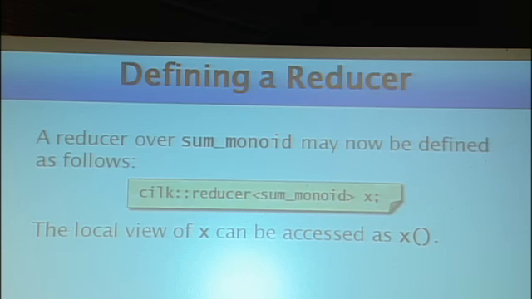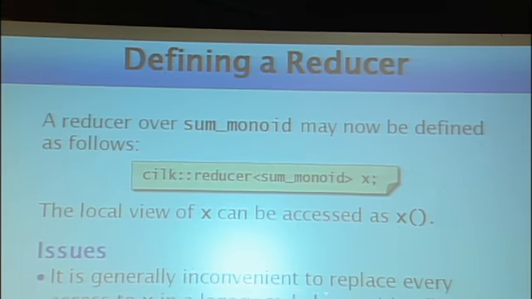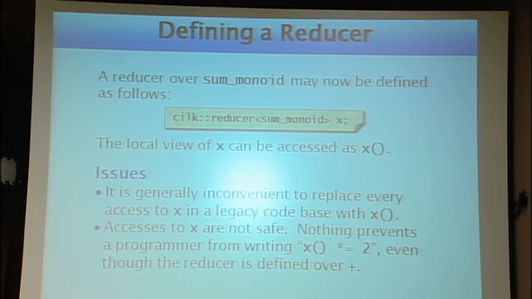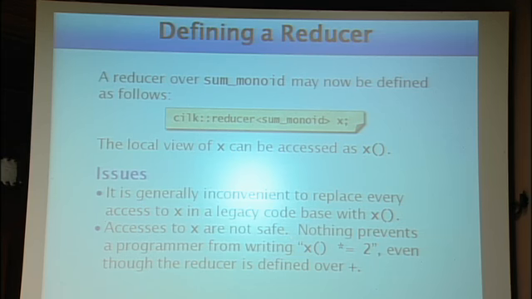Now in the example I showed you, you didn't need to do the open close parenthesis. The way you get rid of those open close parentheses is you define a wrapper class. It's generally inconvenient to replace every access with x open close parenthesis. That's one issue. The other thing is accesses aren't safe. Nothing prevents a programmer from writing x times equals 2, even though the reducer was defined over plus.